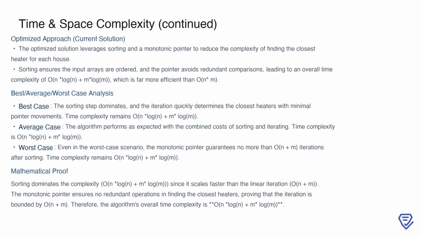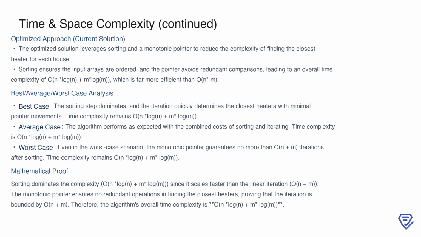For the average and worst cases, the algorithm still performs efficiently, as the pointer guarantees no more than O(n + m) operations, even in the most challenging configurations. This efficiency is mathematically supported by the fact that the linear iteration after sorting is bounded by O(n + m), making the sorting step the driving factor.